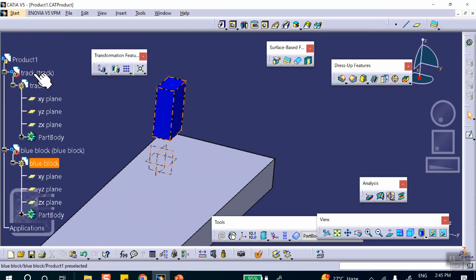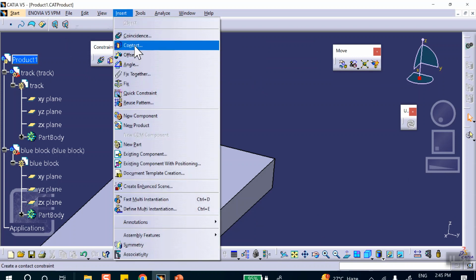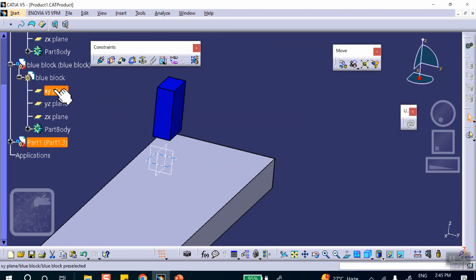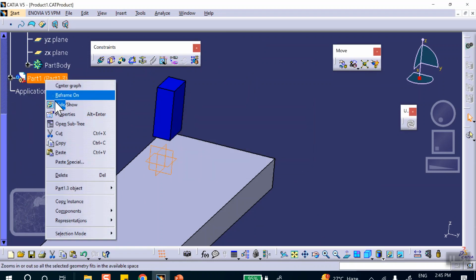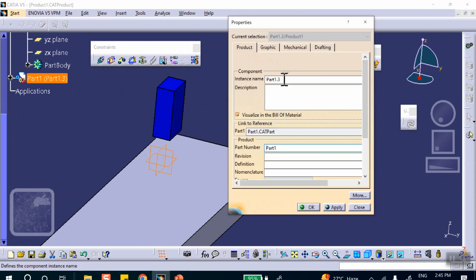Very good. So we go all the way to the top, insert new part in there. This is going to be the green block. Right click, properties, green block.